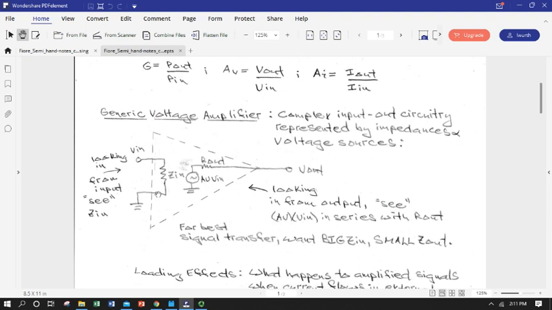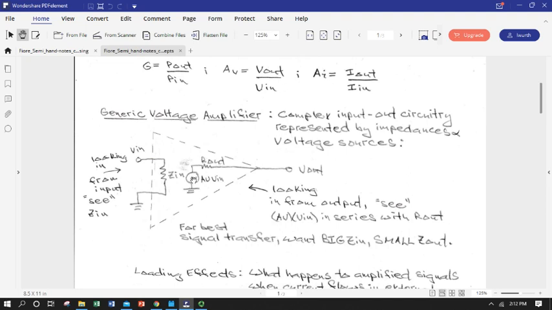That's all it sees. And the Z in could be the result of a lot of circuitry, but the signal just sees this as an impedance. On the other end, if we go to the output end of the circuit and we look backwards into the circuit, that output is going to see, again, some kind of impedance. This time it's labeled as a resistance R out, assuming it's a real impedance, real resistance.